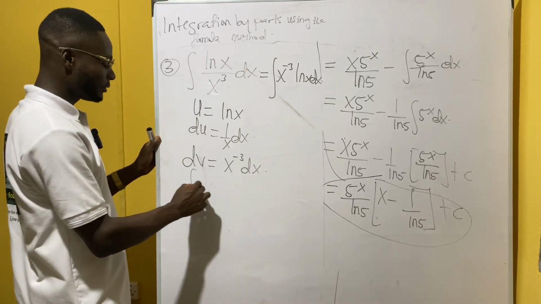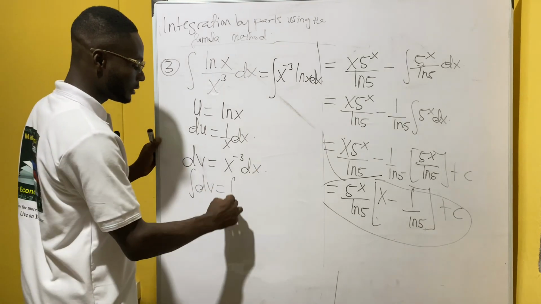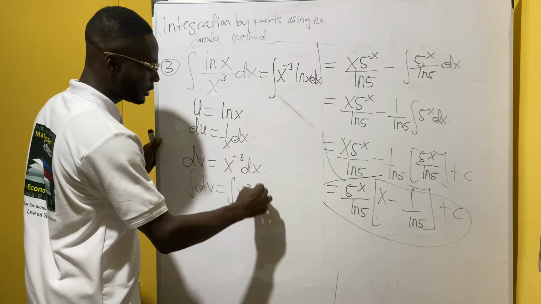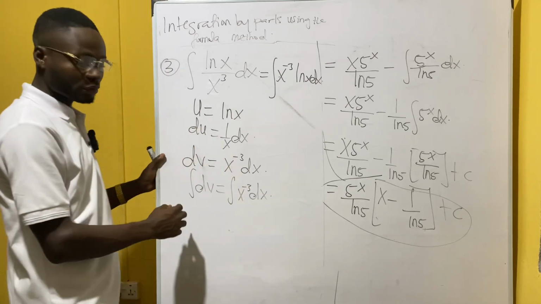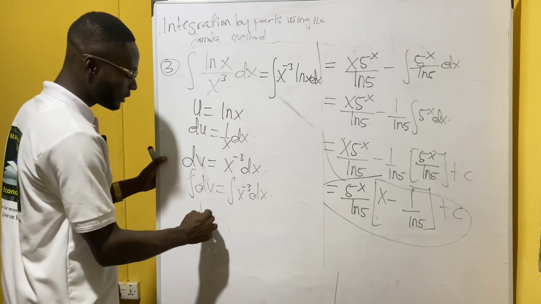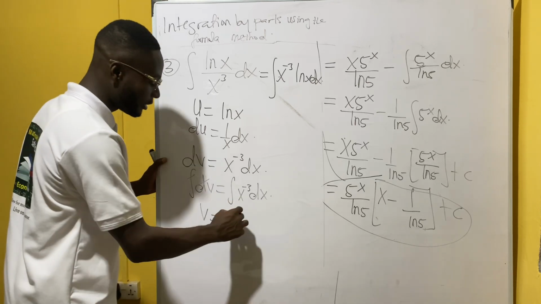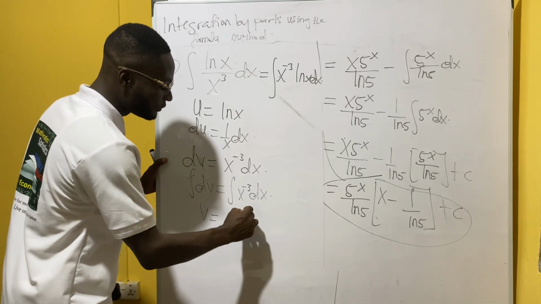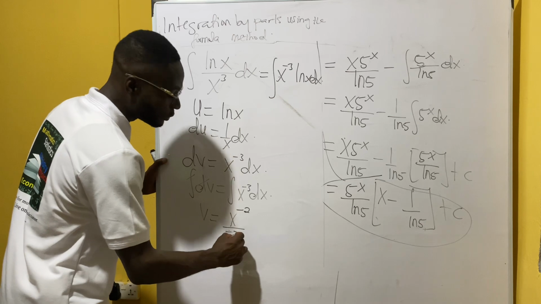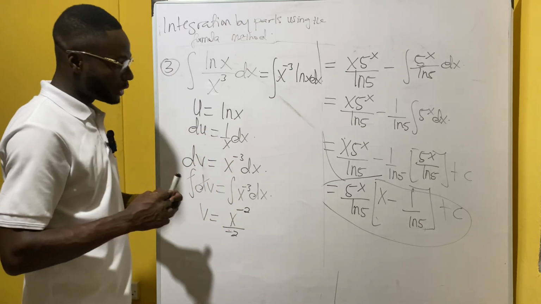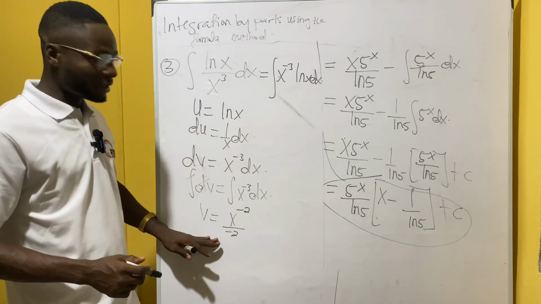So when you integrate both sides, you're going to have v equals, when you integrate x power negative 3, you have x power negative 2 all on negative 2. Good. So now we have the parameters for v.